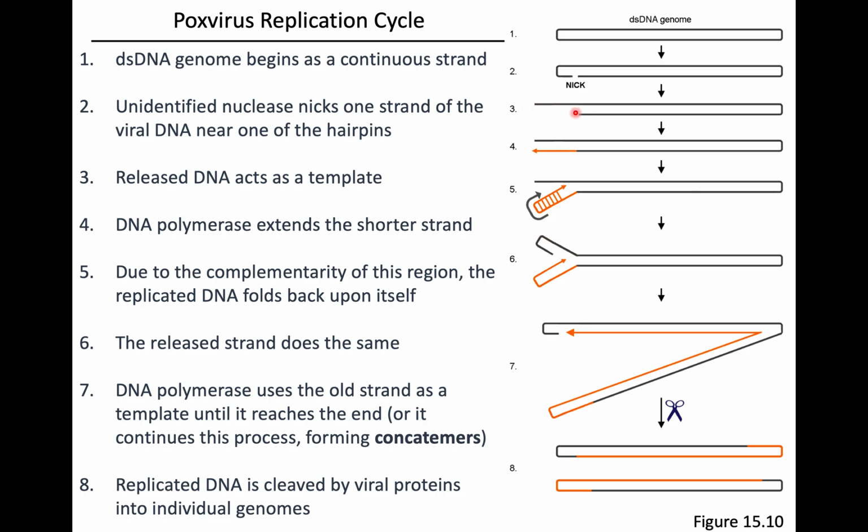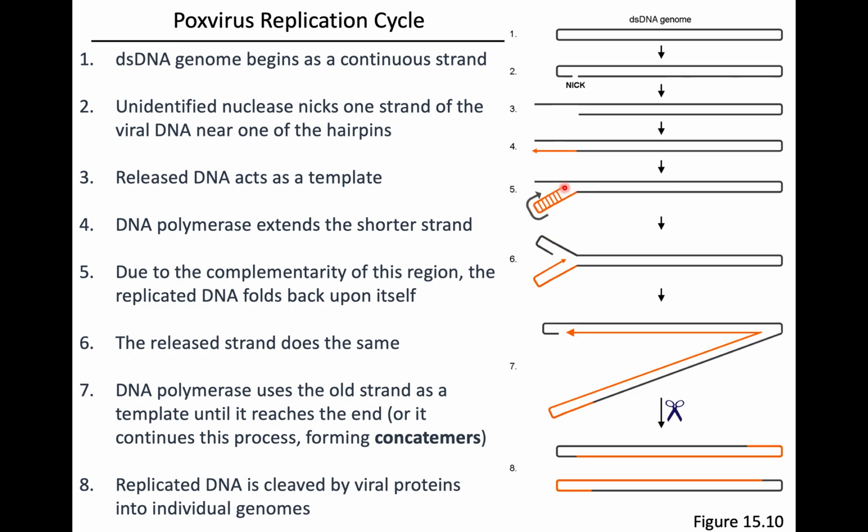The DNA polymerase can now extend from the 3' end here, so it starts elongating, and because there are complementary sequences in this overhang, that's going to tend to fold back on itself and form what's called a little hairpin loop.